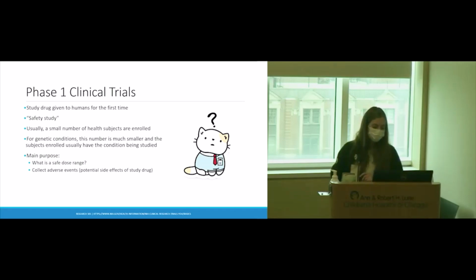But in other cases, we will have a small number of individuals that have a specific diagnosis that a study treatment is trying to treat. The main questions that we're asking in phase 1 are, what is a safe dose range to decide what dosing will work for individuals, and then also to collect adverse events, so potential side effects that a study drug could have.